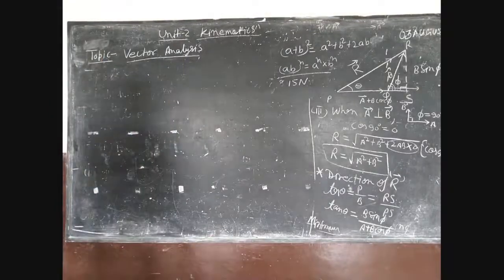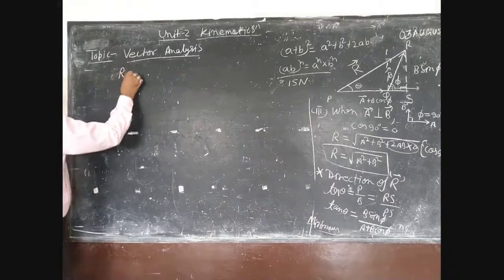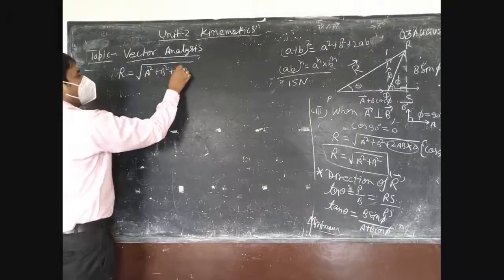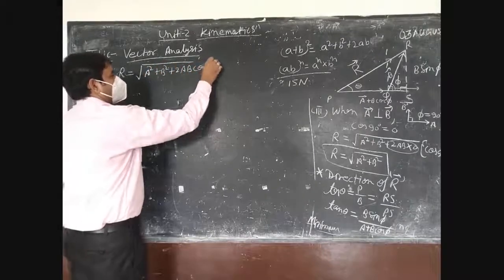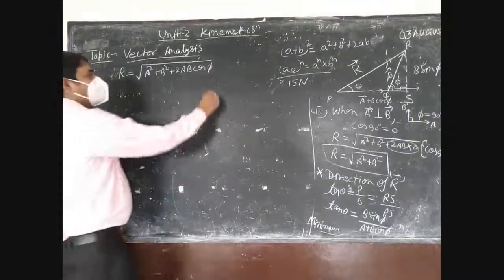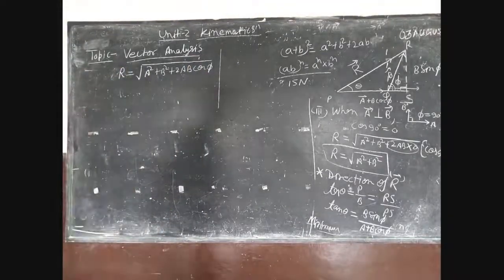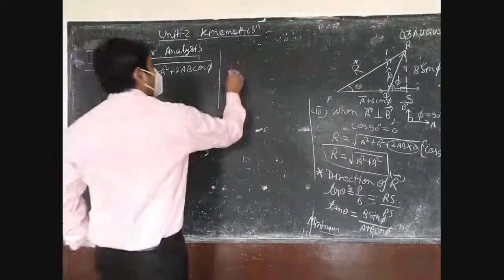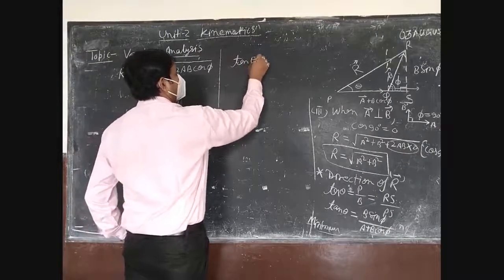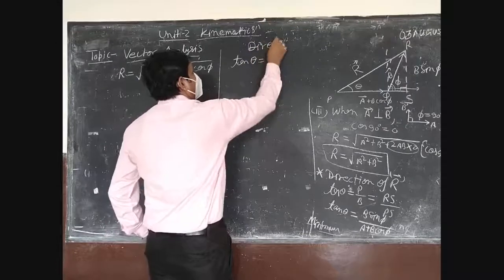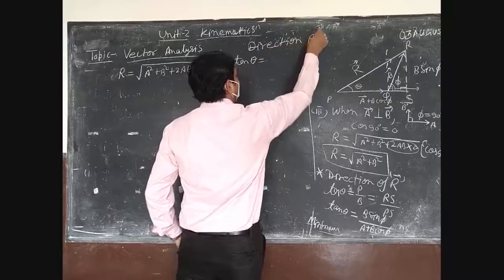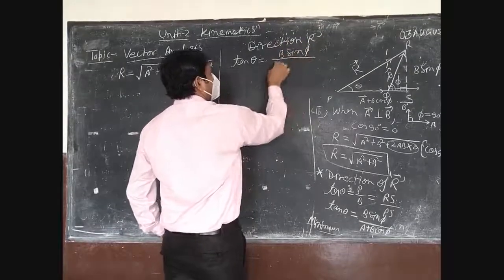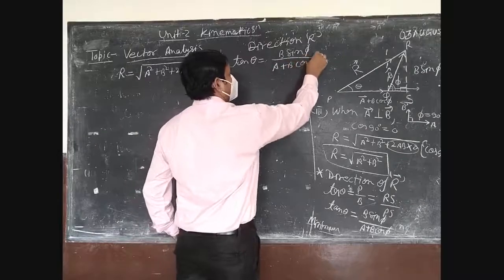You have here two formulas. One is the resultant vector: square root of a square plus b square plus 2ab cos phi. And the other formula is the direction of resultant: tan theta is equal to b sin phi upon a plus b cos phi.